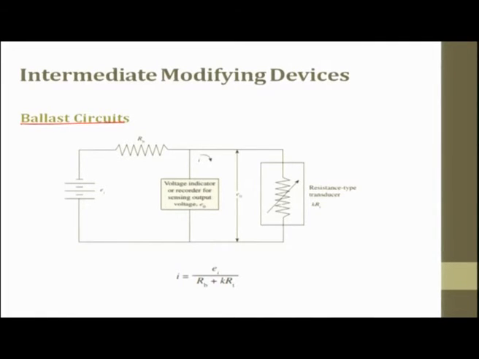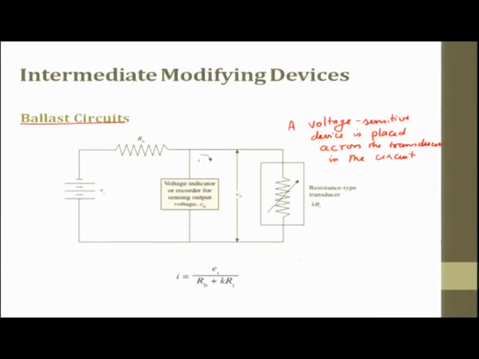So, basically this is a small variation here, a voltage sensitive device is placed across the transducer in the circuit. This is a small variation to the simple circuit. So, it is placed here so that we try to get the current variation.